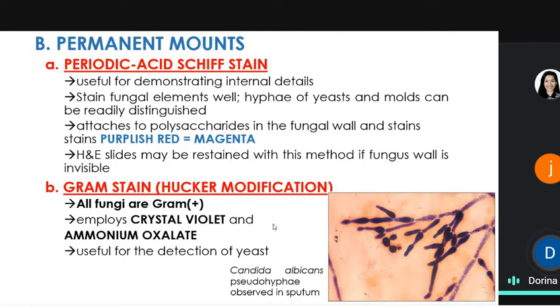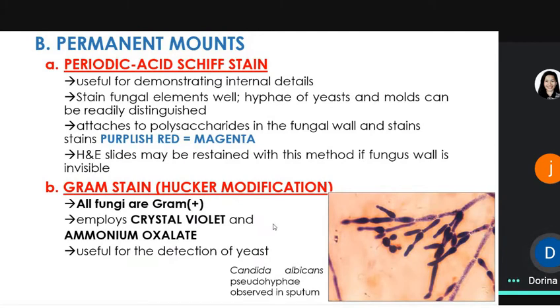Okay. So, sa gram stain naman, this is the Hucker modification. So, sinasabi natin dito na all fungi are gram-positive. Now, in your module, pinakita doon na describe doon ang sizes of, like for example, the yeast cell over the cocci.